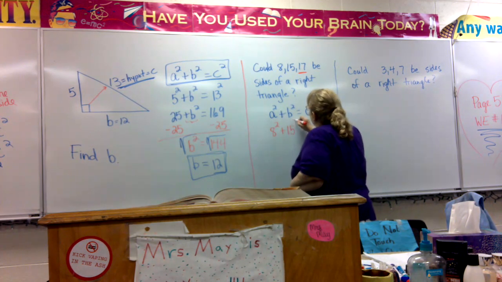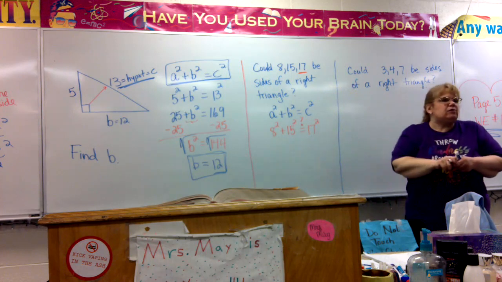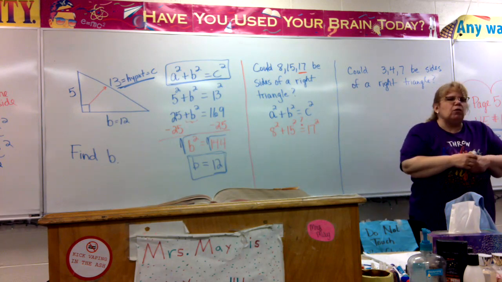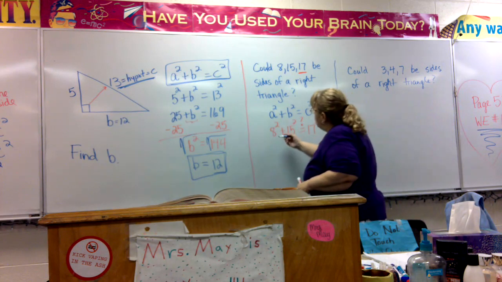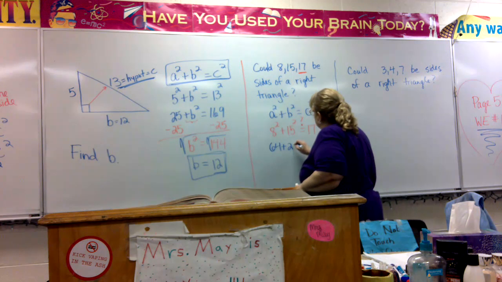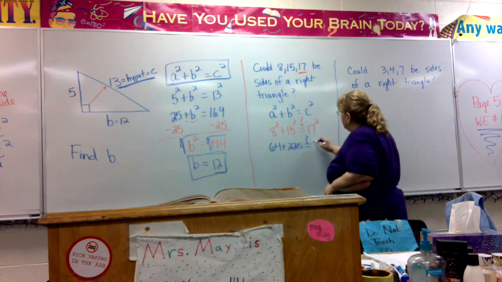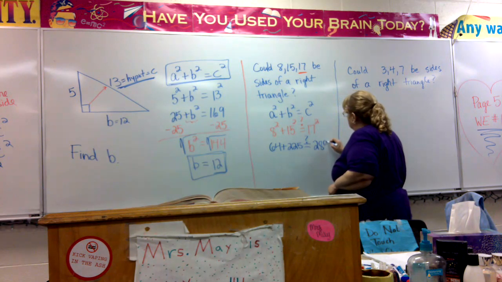And look up here. We want to know, is that equal? What is 8 squared? 64. What is 15 squared? I think it's 225. And we want to know, is that equal to 289?